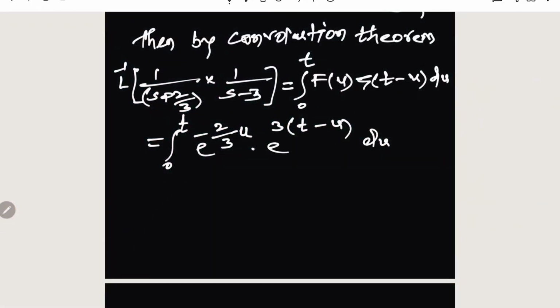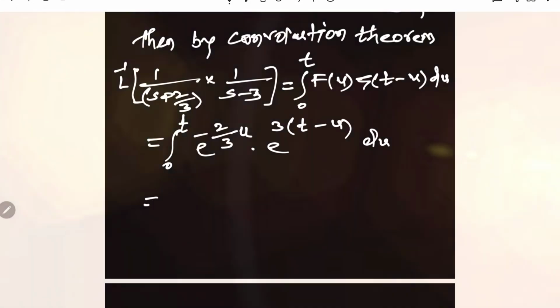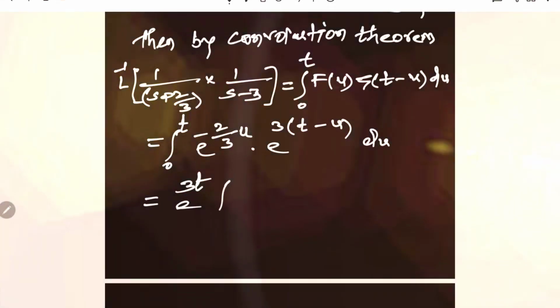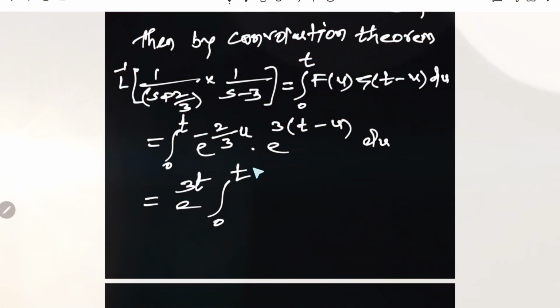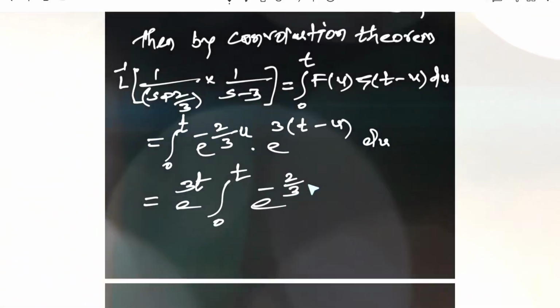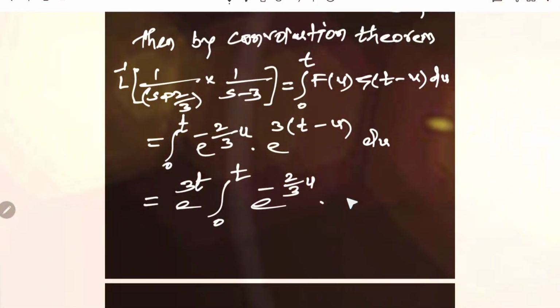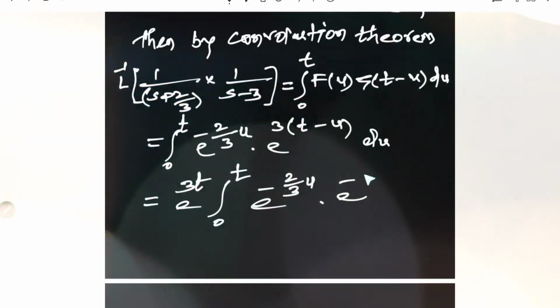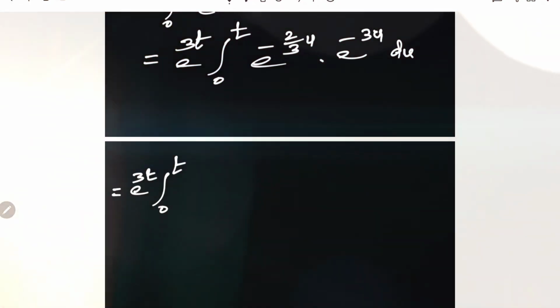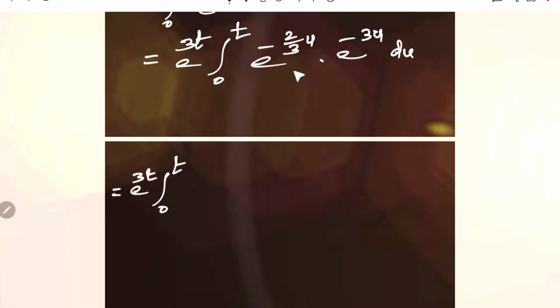As we are performing integration with respect to u, e raised to 3t becomes a constant term. We take it outside the integration sign. Therefore, e raised to 3t outside, integration from 0 to t, e raised to minus 2 by 3u into e raised to minus 3u du. We combine these two terms as the base is the same.